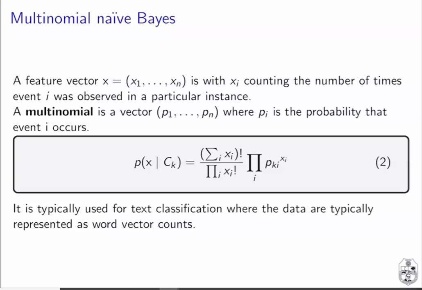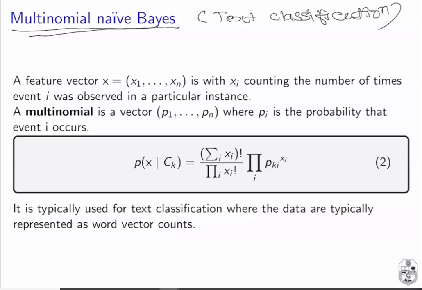Now, the second type of naive Bayes classification is called the multinomial naive Bayes classification, and it is typically used for text classification. In this case, each input vector or independent variable represents the count of the number of times a particular event has occurred.